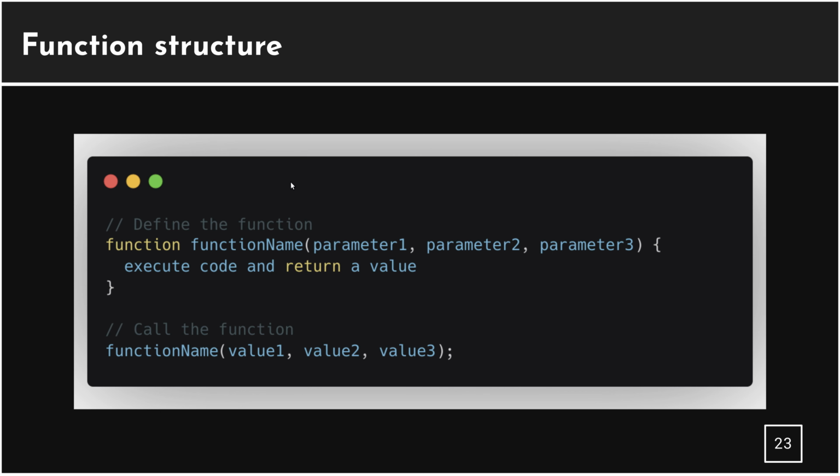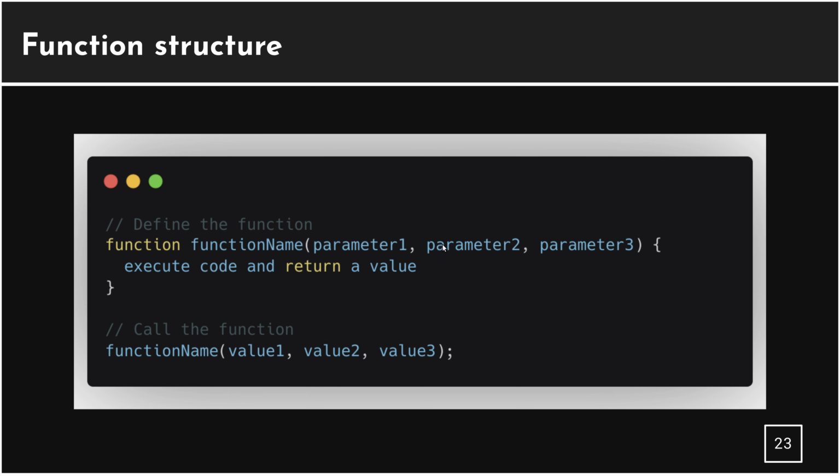Alright, so that's about it for functions. Just as a recap, like I said, a function is a way for us to bundle a set of instructions together that are usually used together. The structure of a function is we use the function keyword and then the name of the function.